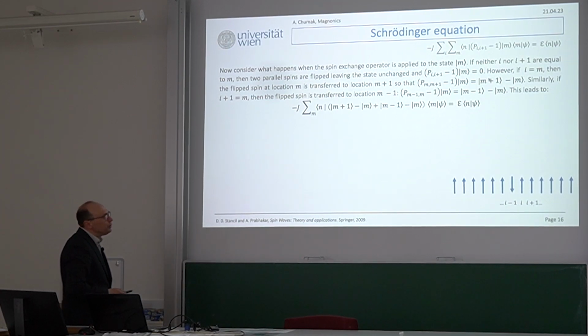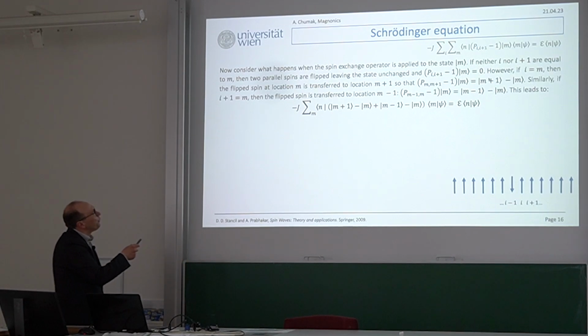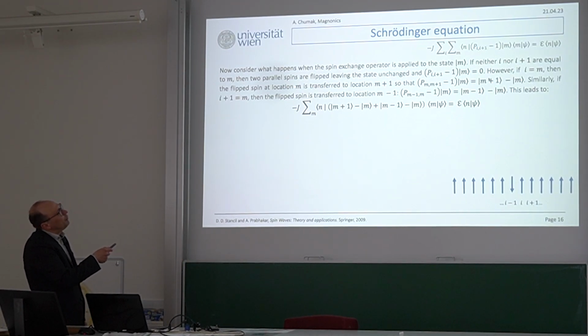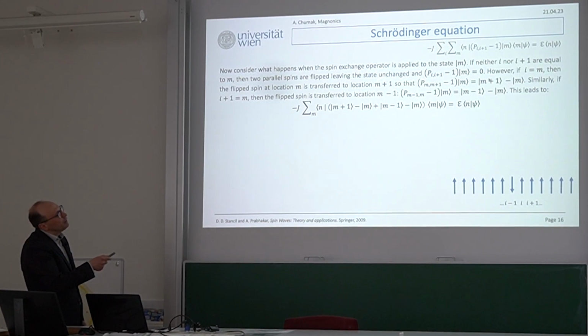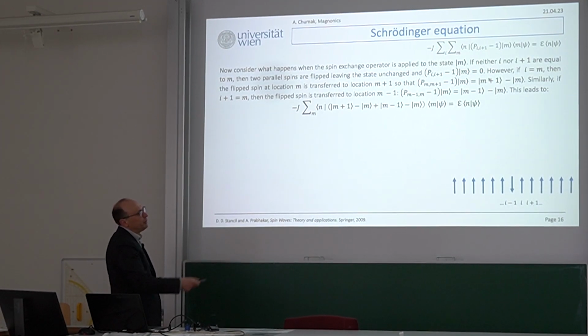So it means that from all the sum, we need to take into account only the situation when our flipped spin is located at m. Then m will change its sign, but also m plus 1 will change its sign. So if you exchange these two, then this will be spin down and this one will be spin up.